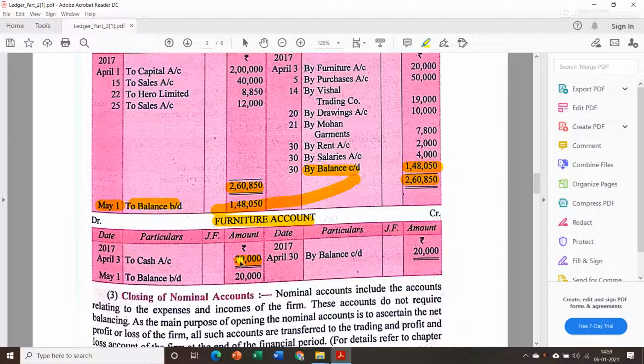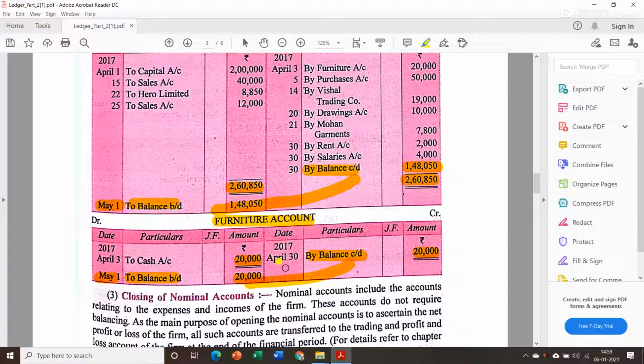So we will simply take this 20,000 on the credit side, write it as balance carried down, and this balance carried down will become balance brought down at the starting of next month. And from here we know that the furniture account is also showing a debit balance. Now you must be thinking, why do we need to know which account is showing a debit balance and a credit balance?